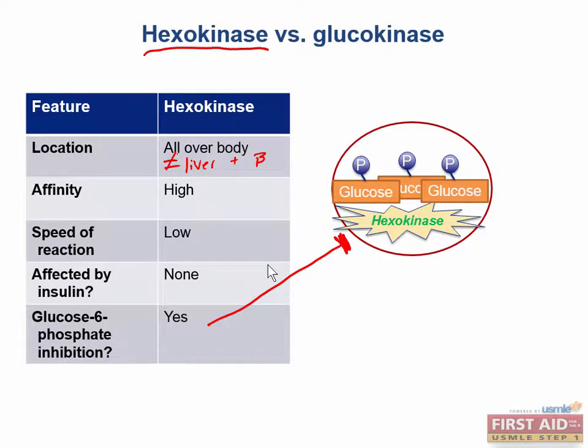So basically, when the cell has low glucose 6-phosphate levels, this hexokinase enzyme will catalyze any glucose available into glucose 6-phosphate at a nice, slow, predictable low rate. However, if there's a large amount of glucose in the blood, such as after a meal, hexokinase won't be able to keep up since it has a very low speed of reaction.